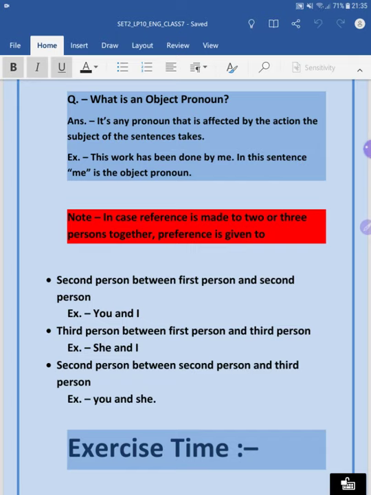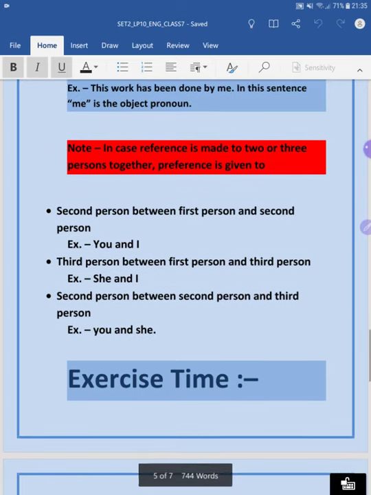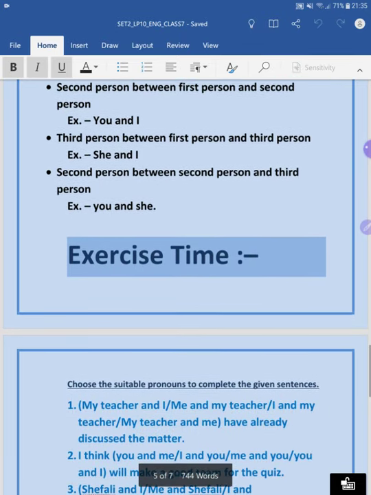If we are talking about the first person and the third person, then the third person will be given the preference first. And if we are talking about the second person and the third person, then the second person will be given the preference first. So now I hope you have understood.